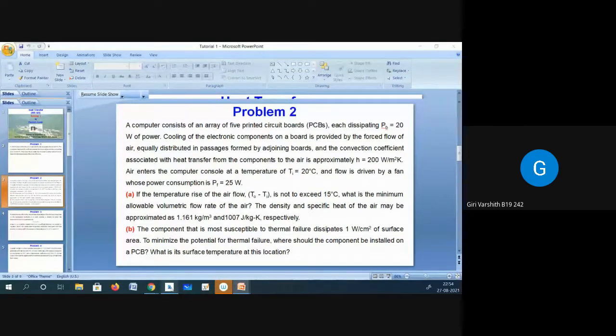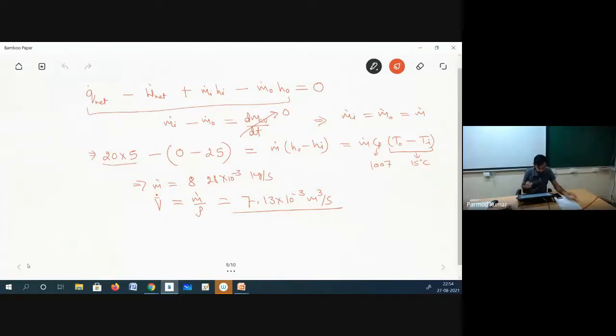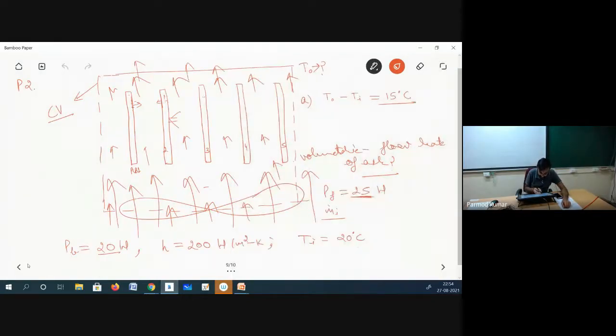Perpendicular to the surface, if that's what you meant. That will be perpendicular to the surface only, but if we see, this is the point where air is just entering. At that point, the temperature of the air will be coldest, here it will be 20 degrees Celsius, and as air moves along the path of this PCB, its temperature will keep increasing, and corresponding to the flow rate we have now obtained, the outlet temperature will reach 35 degrees Celsius.